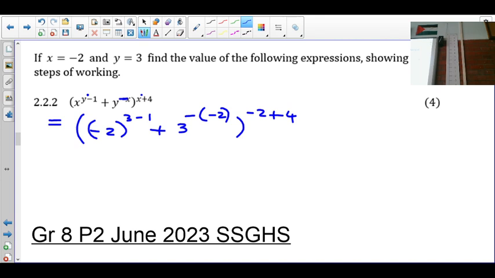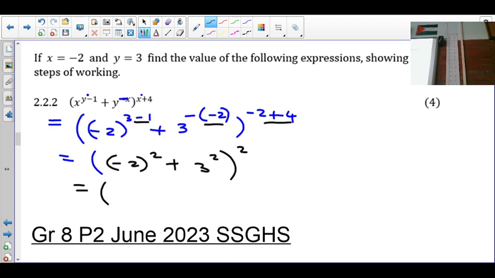That's what it should look like. Let's tidy up a bit, multiply out and add it. So it's going to be negative 2 into 2 plus 3. Negative times negative is positive 2. And negative 2 plus 4 is 2. So negative 2 all squared is negative 2 times negative 2, which is positive 4. Plus 3 squared is 9. 4 plus 9 is 13, squared, which is 169.